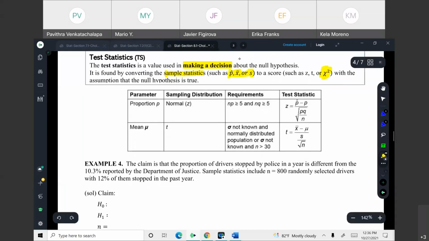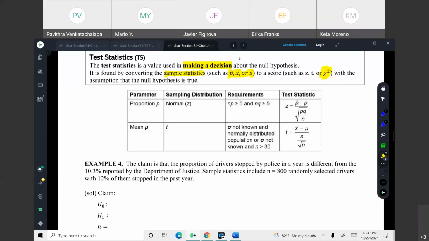Now, coming back to the table here. If a proportion is given, or if you are claiming for a proportion, then it is going to be a sampling distribution or a normal distribution. The requirements are that the successes and failures must be at least 5. Remember I told you n times p should be at least 5 for lab 7. If those requirements are satisfied, then you find the test statistic using the formula given in the table.